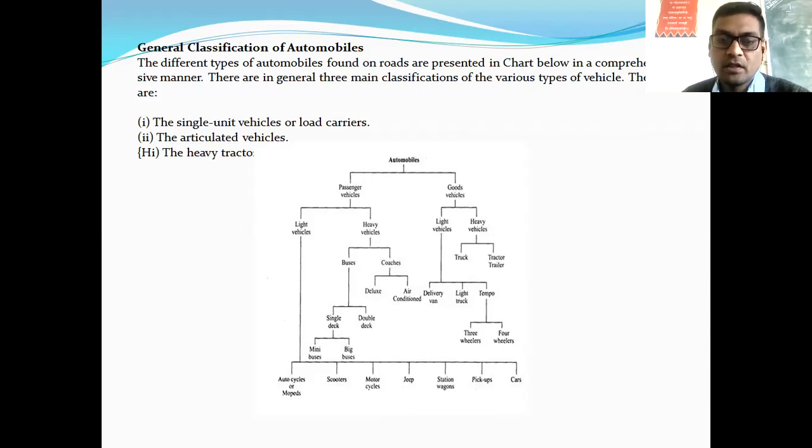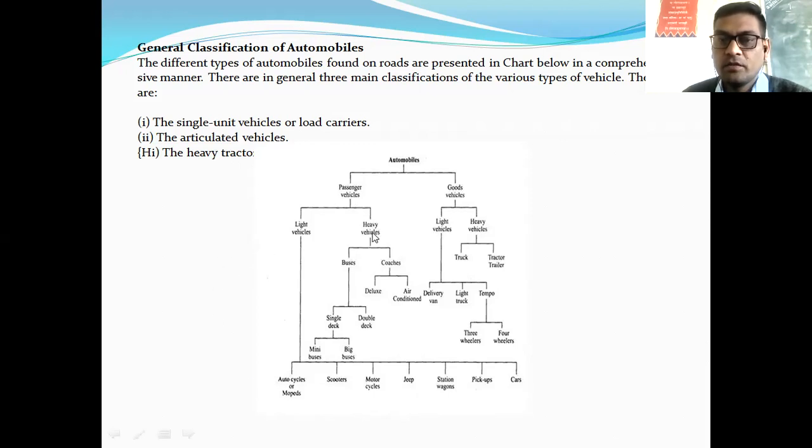In passenger vehicles, we have either light vehicles or heavy vehicles. Examples of light vehicles, coming down to the last of the chart, are motorcycles, scooters, jeep, station wagons, pickups, cars. All these are light passenger vehicles.